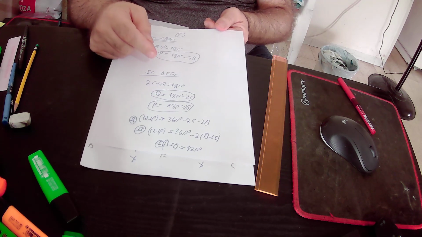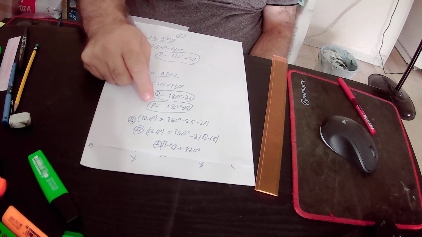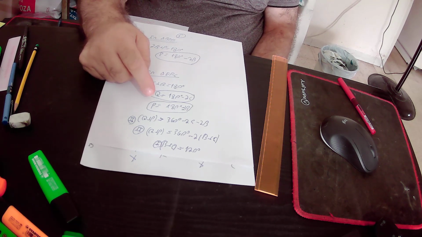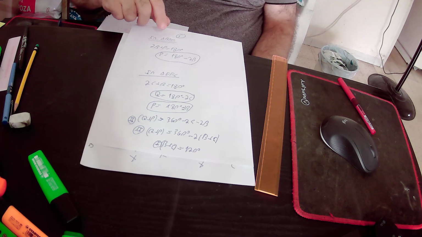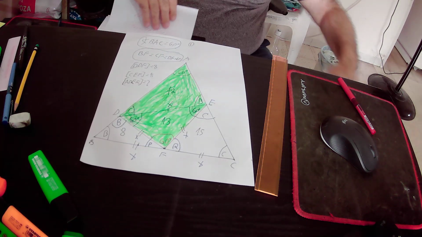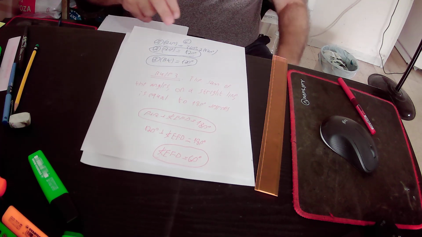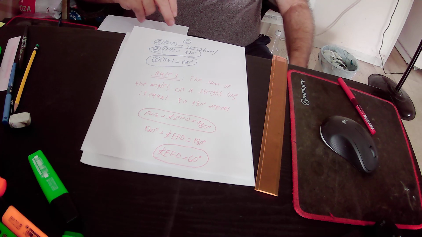So we added P to Q and we found out that P plus Q equals 120 degrees, and B plus C also equals 120 degrees.